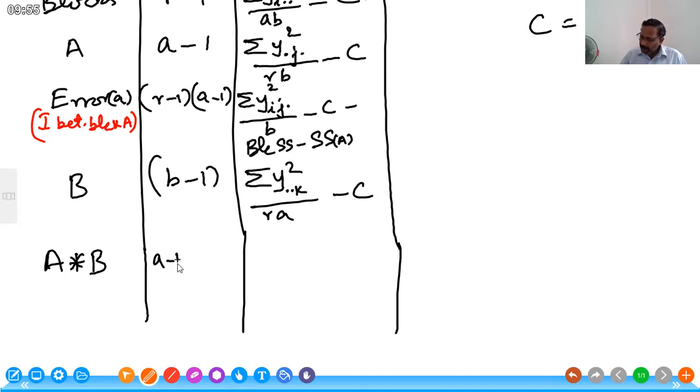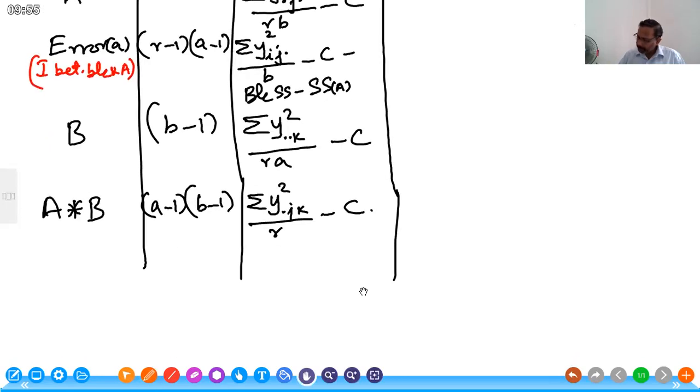So that is degrees of freedom a minus 1 into b minus 1, right? Then the normal interaction, as we said, summation y dot j k square divided by r minus c minus sums square due to a minus sums square due to b.